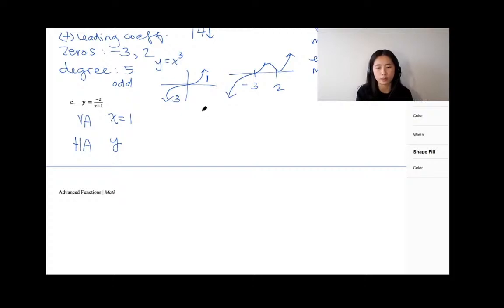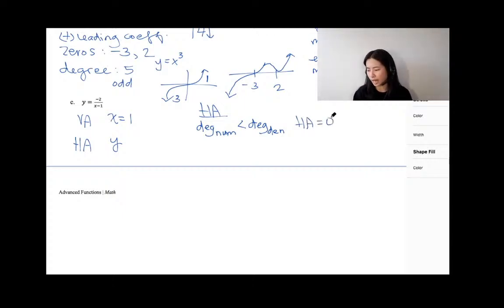Okay, so here are the conditions for horizontal asymptotes. If the degree of your numerator (DEG means degree) is less than the degree of your denominator (DEN is denominator), that means your horizontal asymptote is 0. Does that make sense?